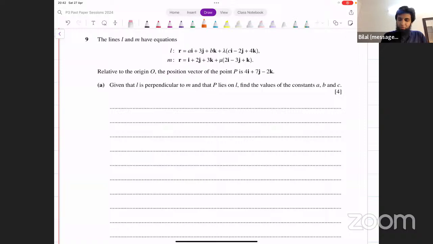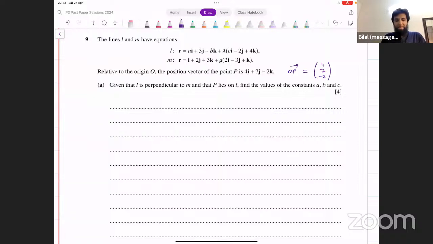So we've got this point P, the position vector of the point P, OP, that is 4, 7, and minus 2. And we have the lines equations as well. Given that L is perpendicular to M and that P lies on L, find the values of the constants A, B, and C.